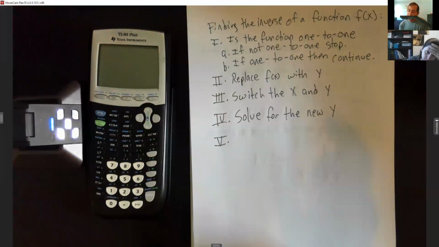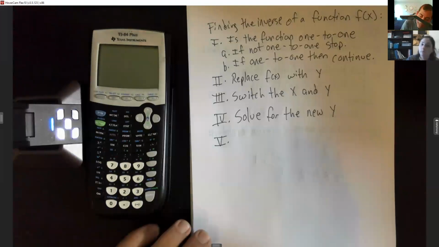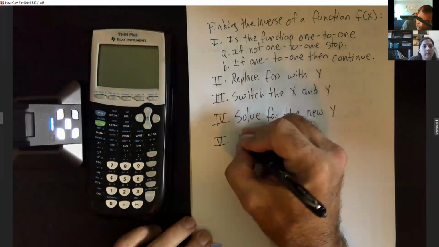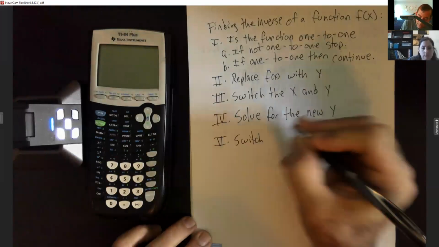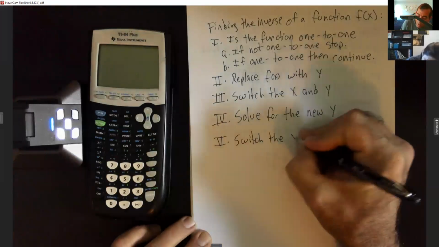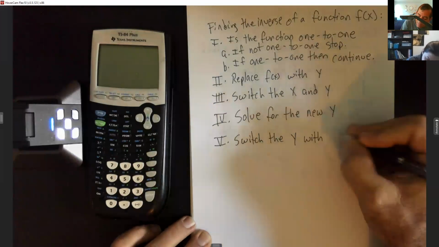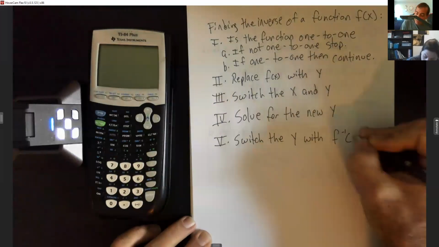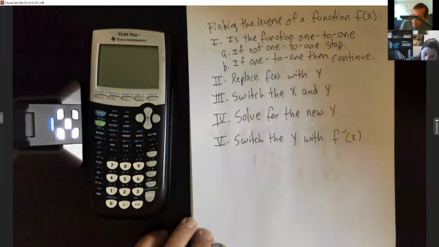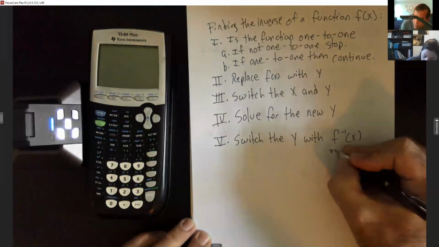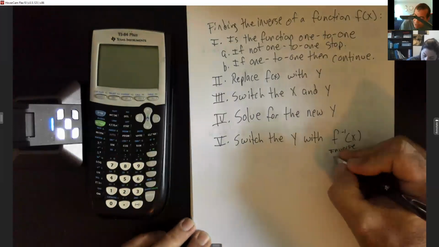So now we're going to use the inverse function notation to write the answer. So the last step, we switch the y with f negative 1 of x. And this is what we call inverse notation.